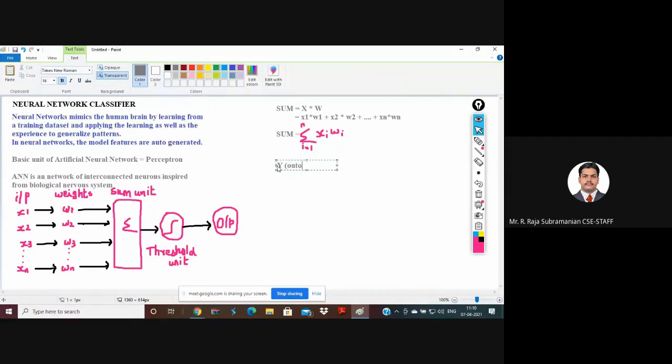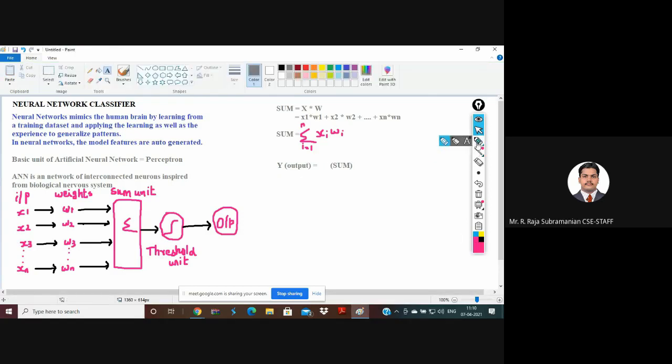How my output is going to be obtained is I'll be applying some activation function over here, say some function, pi. And this pi I call a thresholding unit or an activation function.